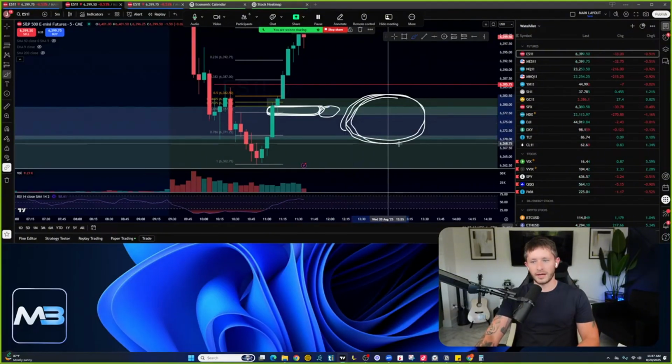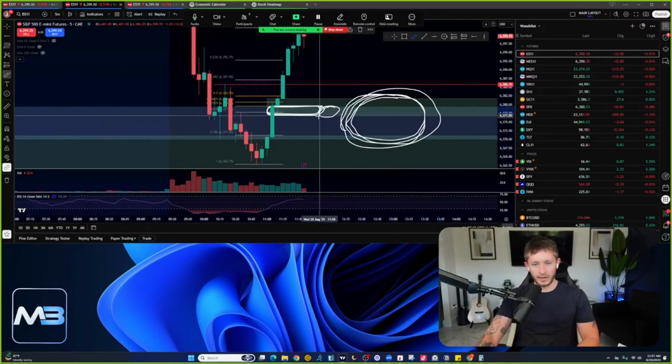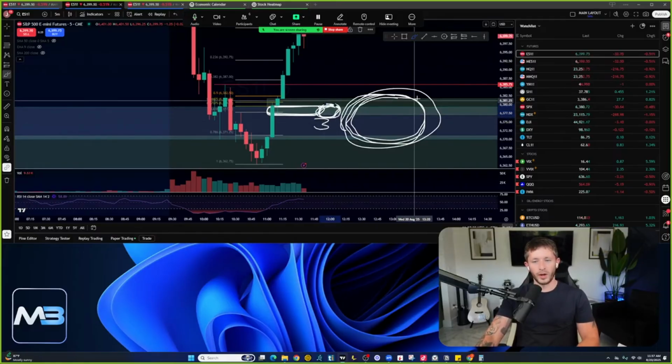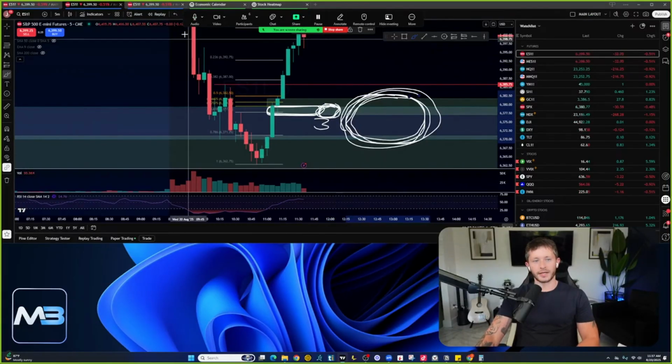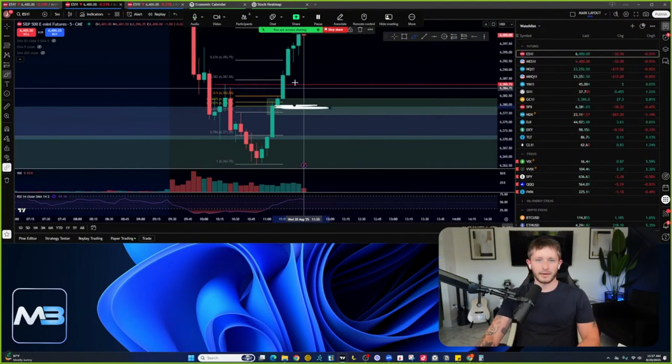Instead of trying to find an entry in a 10-point zone, we're trying to get an entry in a 3-point zone. It'd be a lot easier to nail the entry in a 3-point window than a 10-point window. So we've assessed where the entry is going to take place. It's going to be right around 63.80. That's right where we have those 3 confluences lining up.